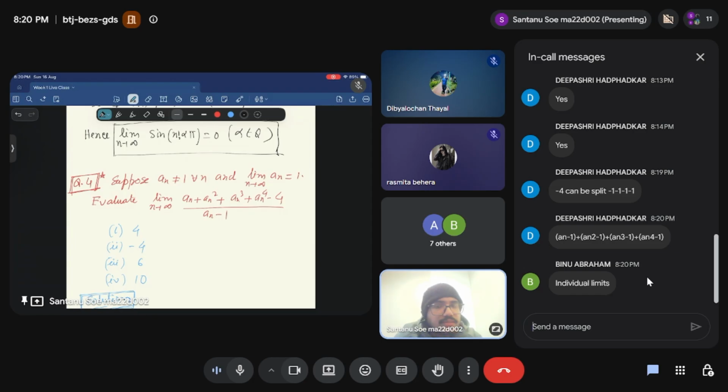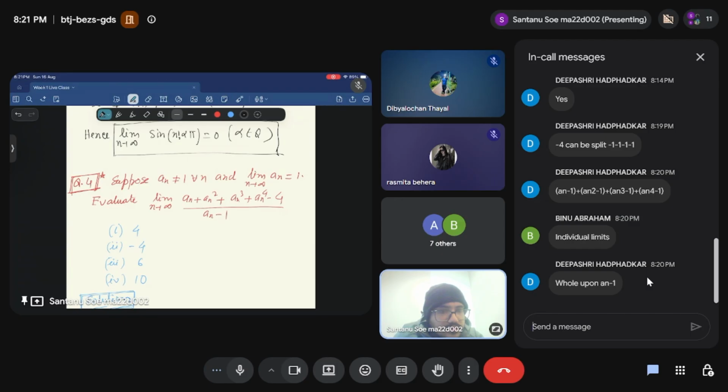But this doesn't help, right? Like after that, okay, but then what are you gonna do with the split? In the denominator there is a_n minus 1. So let's say the first term will be 1 because a_n minus 1 will get cancelled out.